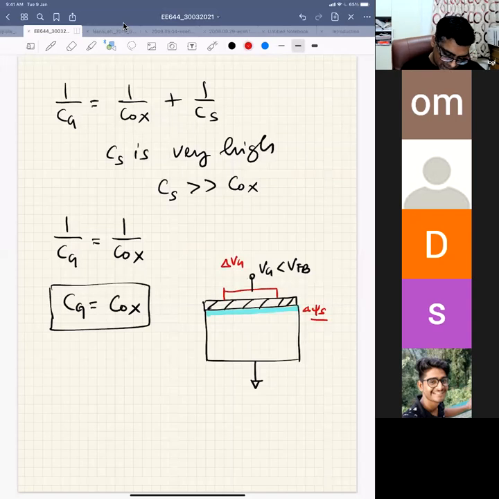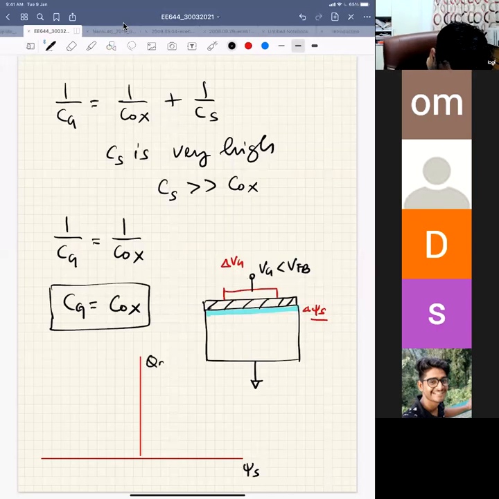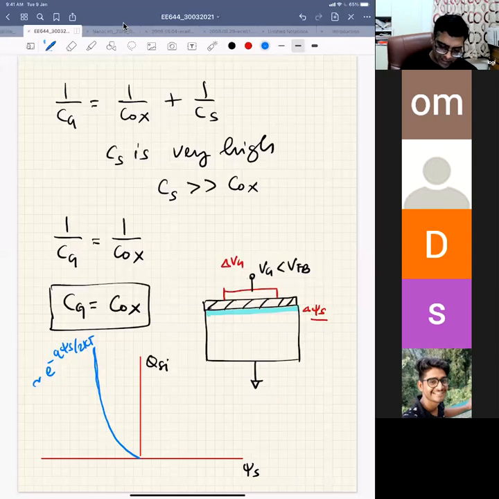We had earlier seen, if you plot psi s and Qs, in the accumulation region it is exponential. This is accumulation, and it is proportional to e to the power minus q psi s by kT. So a little bit of change.